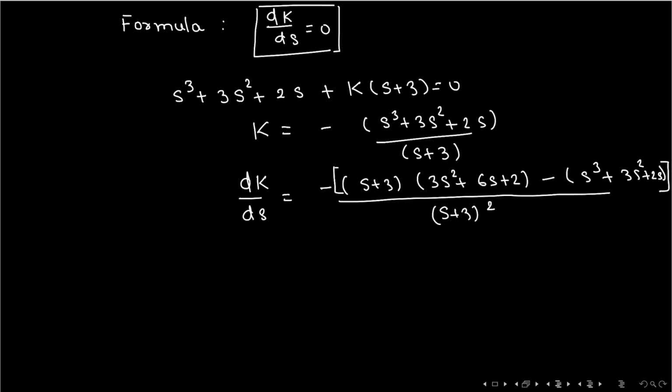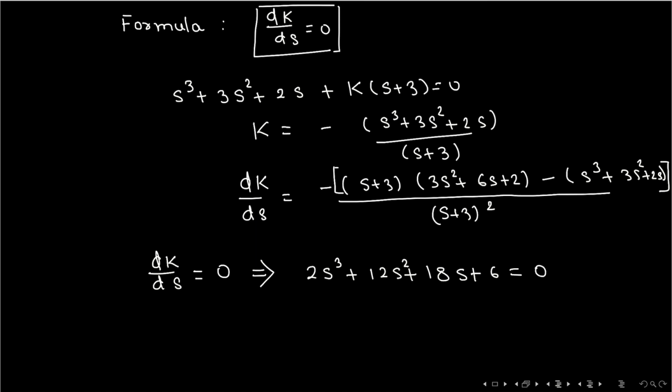Equating this to 0, we get 2s cube plus 12s square plus 18s plus 6 equal to 0, which is s cube plus 6s square plus 9s plus 3 equal to 0.